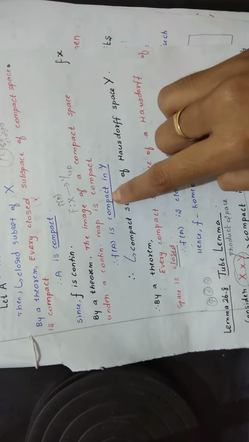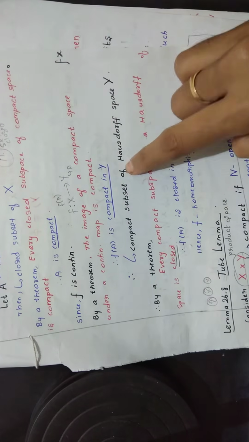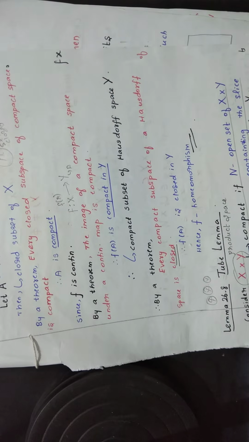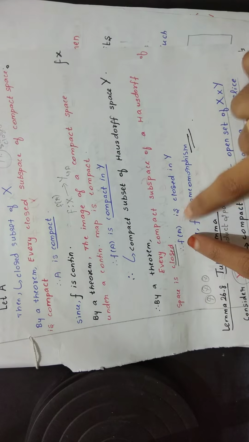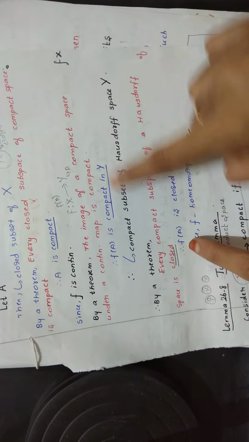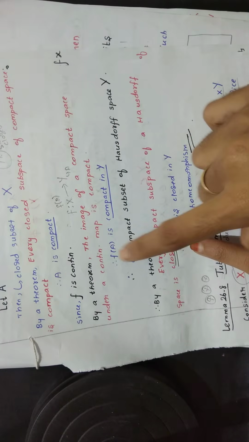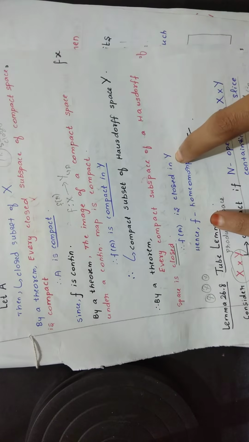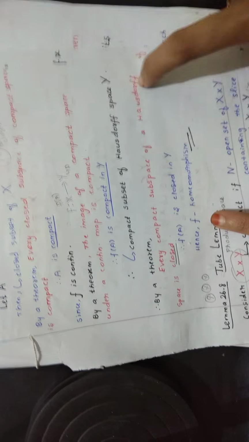Therefore f of A is a compact subset of the Hausdorff space Y. Now again you use a theorem: every compact subset of a Hausdorff space is closed. So f of A is closed by this theorem. So you are saying f of A is closed in this Hausdorff space Y.